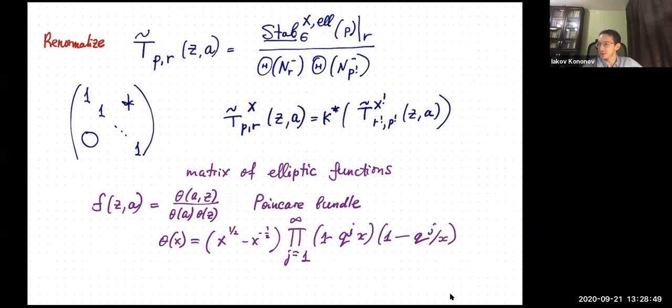So we will consider various limits of this matrix in equivariant and the Kähler variables. And the basic example to work out here is this function for the Poincaré bundle. So z and a are coordinates on the elliptic curve and the dual abelian variety.